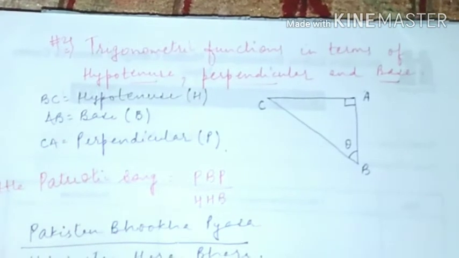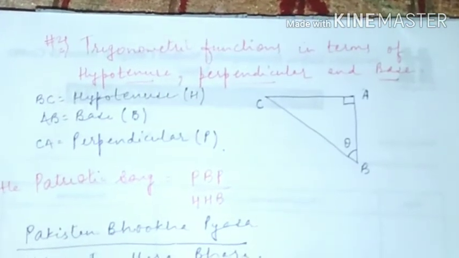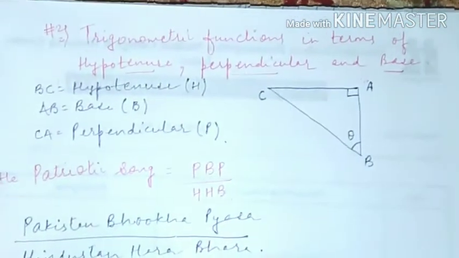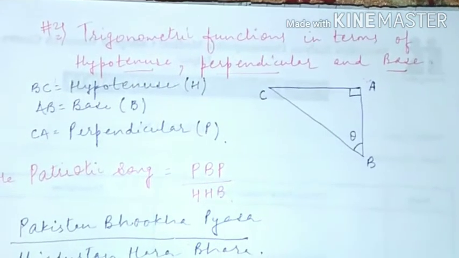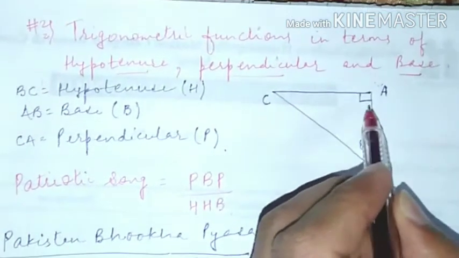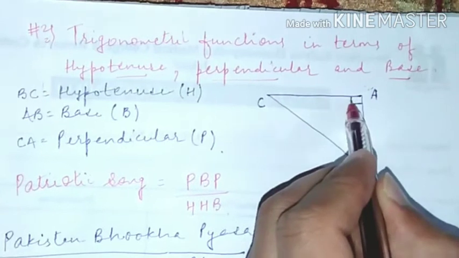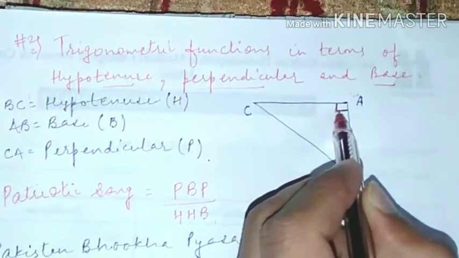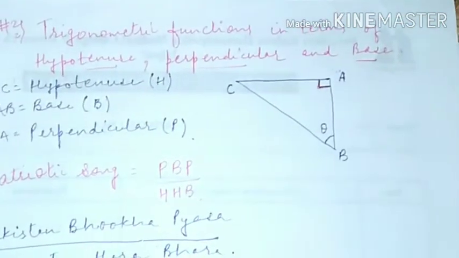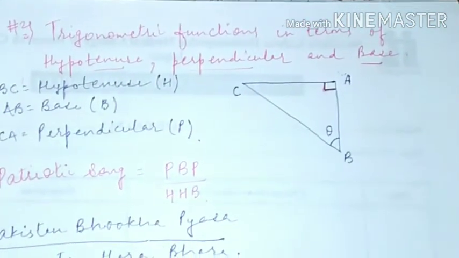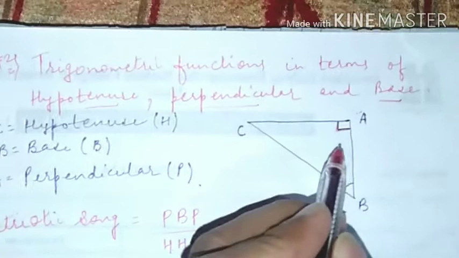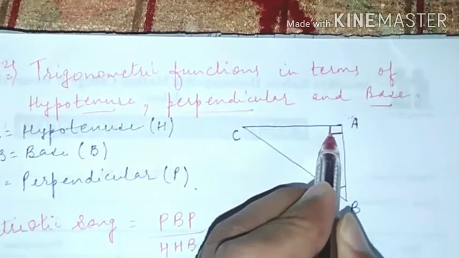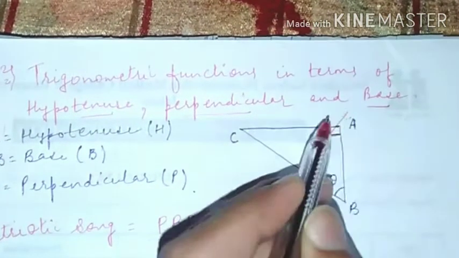First of all we will recognize the hypotenuse. Wherever we see the 90-degree angle, we always see this little square, don't we? It will indicate towards a side, so try to make an arrow in this way.